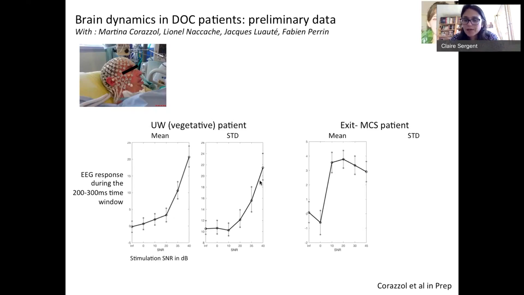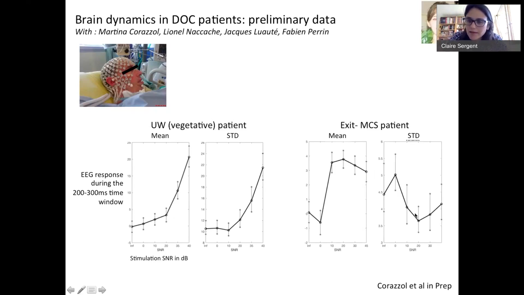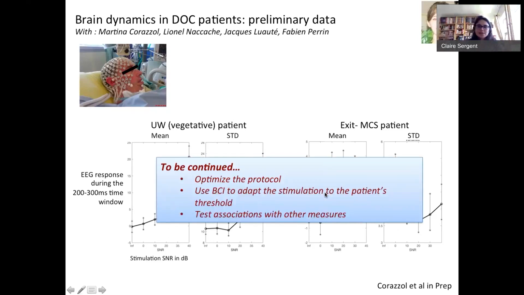And in contrast, we have an exit MCS patient with this profile for the mean, and the variability profile is really different from what we see in the vegetative patient, where we seem to see a burst of variability around the threshold. But obviously, that's to be continued. We need to optimize the protocol in various senses, because that's a fine dynamical analysis, analyzing noise.